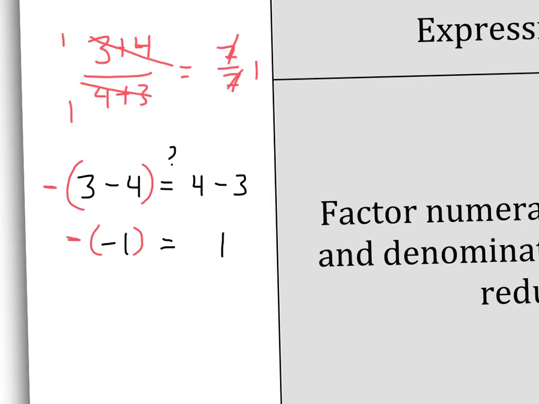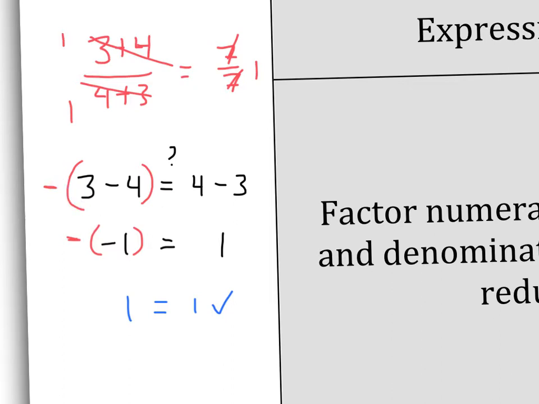Are they the same now? Yes, because the double negative becomes positive, equals 1. So what can we say about subtraction? Does subtraction commute? No. But if I did commute it, what do I have to put in front? A negative. So commuting subtraction means I need to take the opposite of the commute.